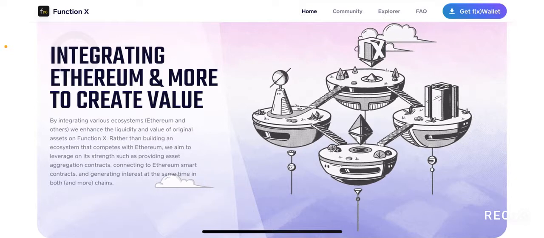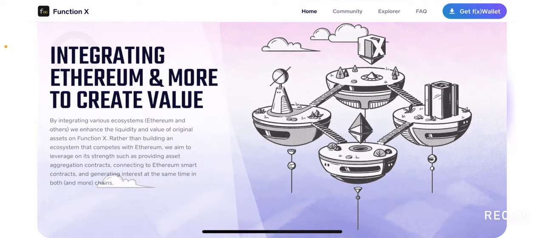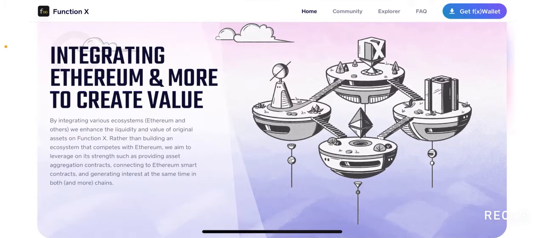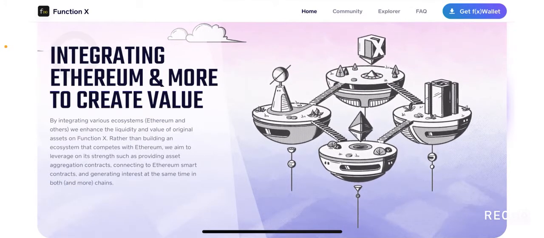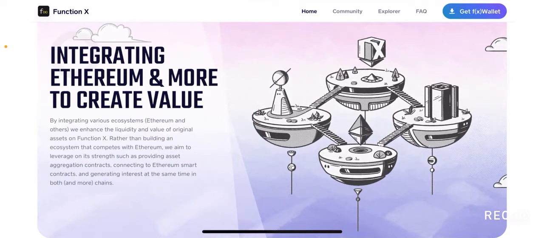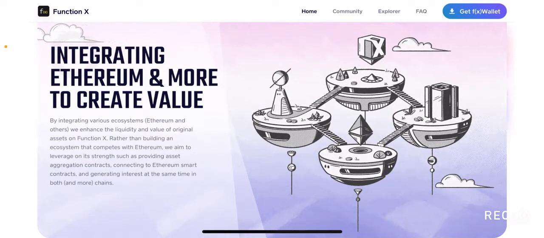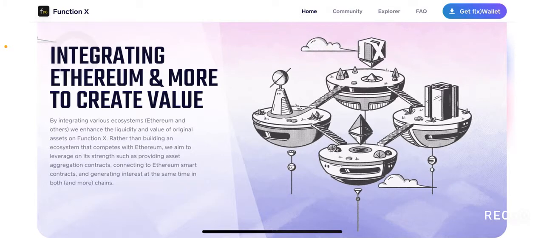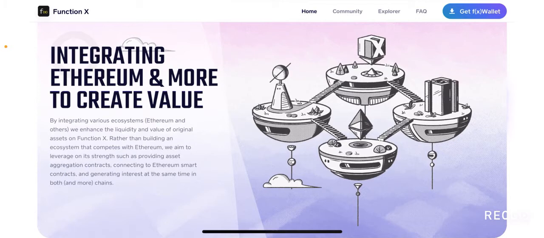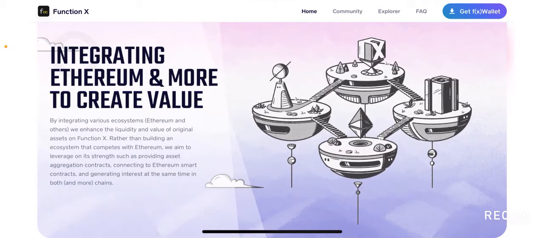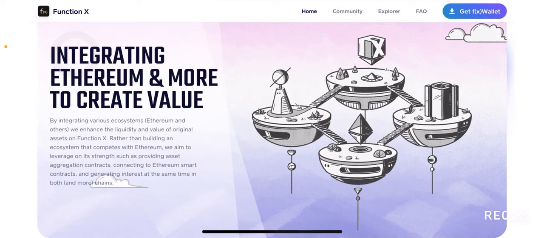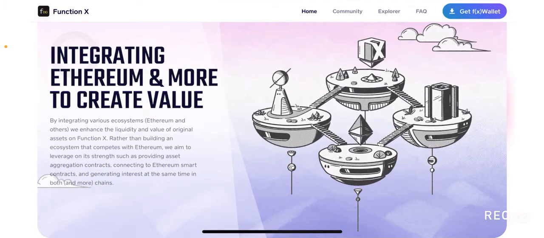So some of the key points they've discussed here are they basically aim to leverage Ethereum's strength, such as providing asset aggregation contracts, which are again very important for decentralized finance, and connecting to Ethereum smart contracts. Again, this allows FunctionX to use some of the high quality smart contract platforms that are available on Ethereum for itself, and connecting and generating interest at the same time in both and more chains.